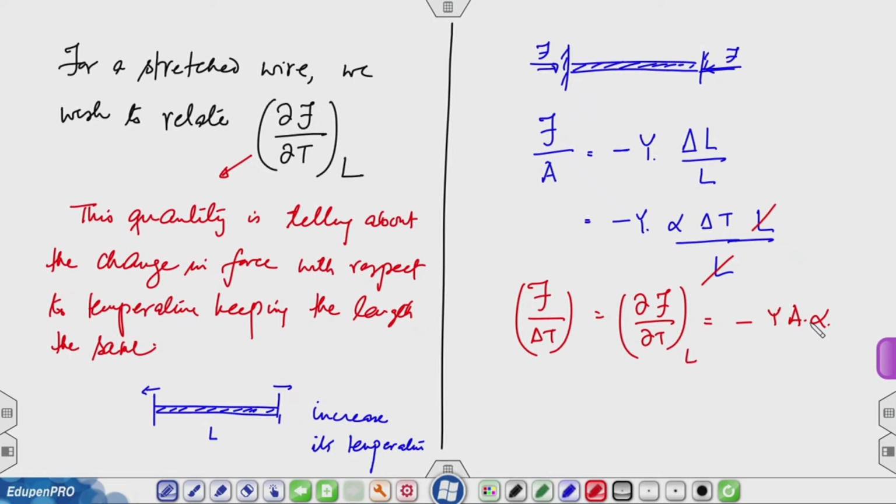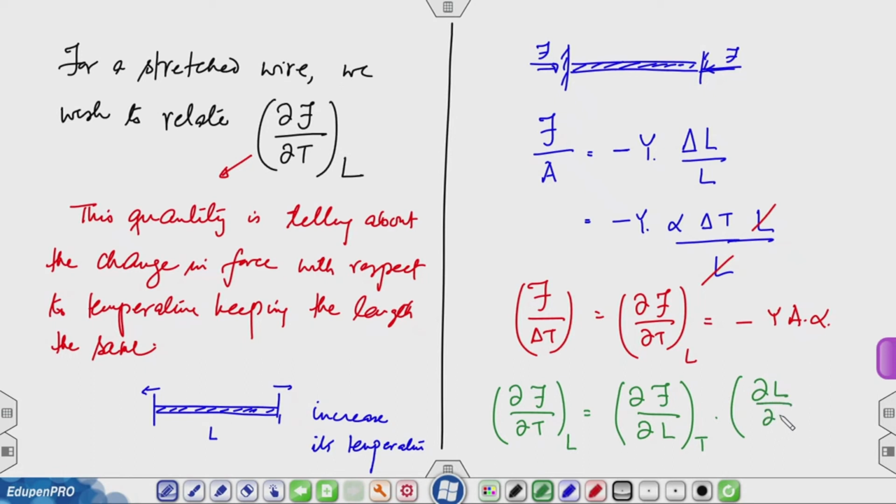Now let's do it through our sophisticated mathematical argument that we just obtained. So partial F partial T at constant length is going to be equal to partial F partial L at constant temperature, partial L partial T at constant force, with a minus sign.